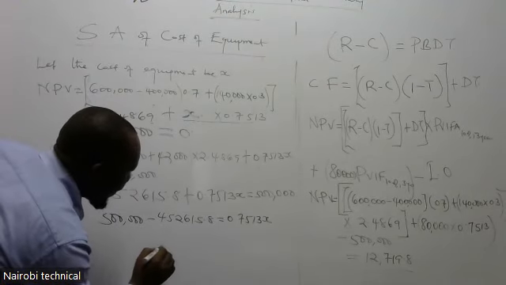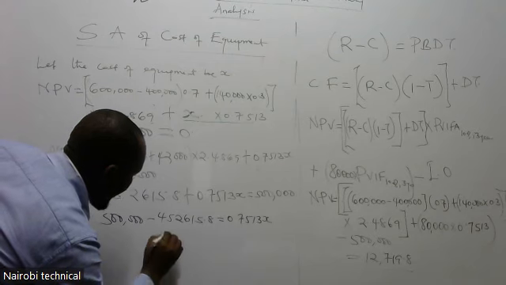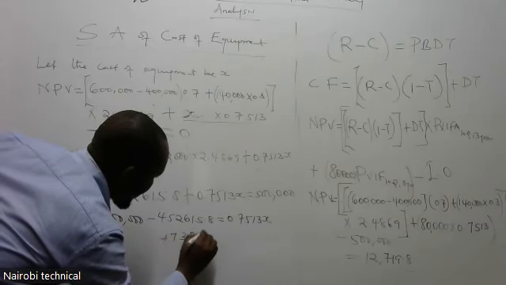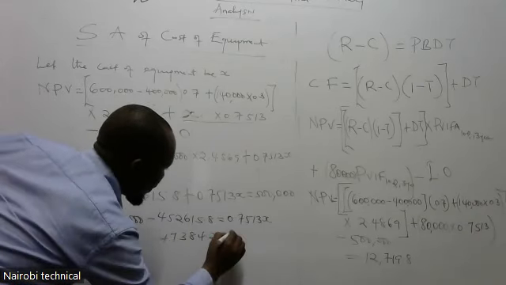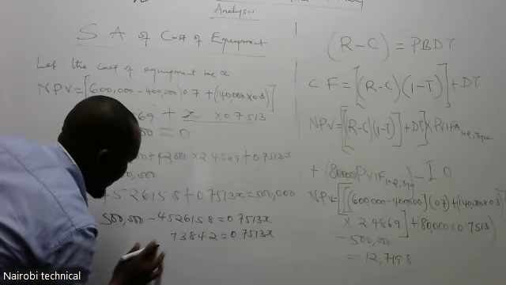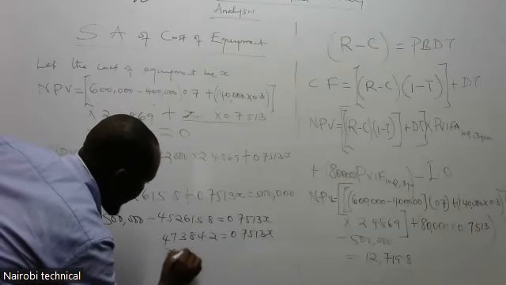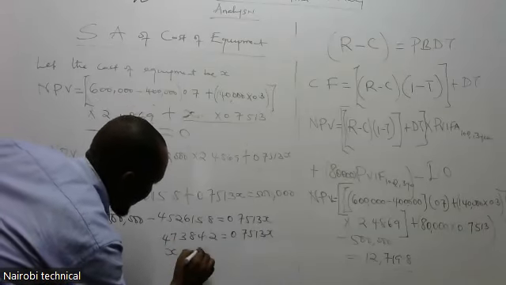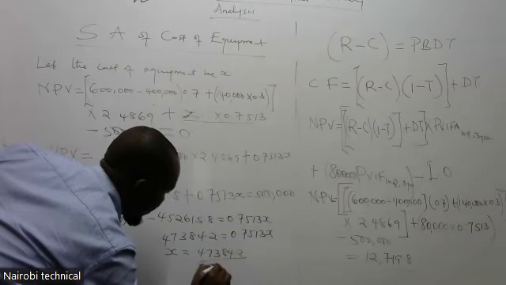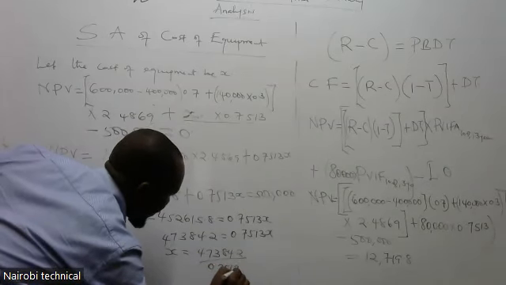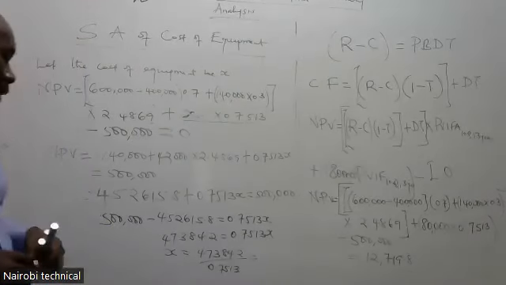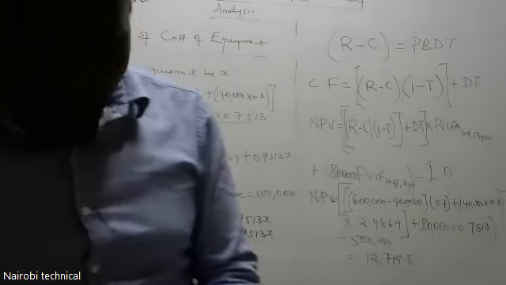So we are having 47,384.2 is equal to 0.7513x. Right? So our x is equal to 47,384.2 divided by 0.7513, which is equal to what? What is the value of x? Find the value of x.